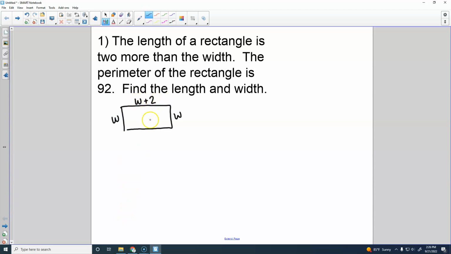If the top side is W plus 2, the bottom side is W plus 2. So my perimeter would be W plus W plus 2 plus W plus W plus 2. And what does the problem tell me my perimeter equals? 92.